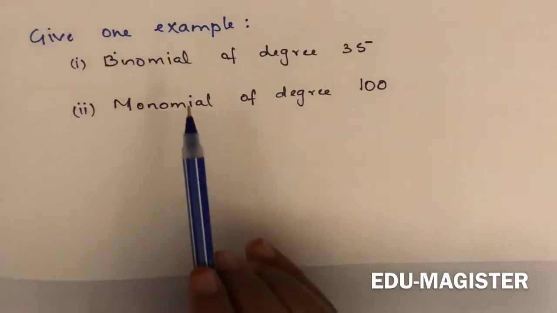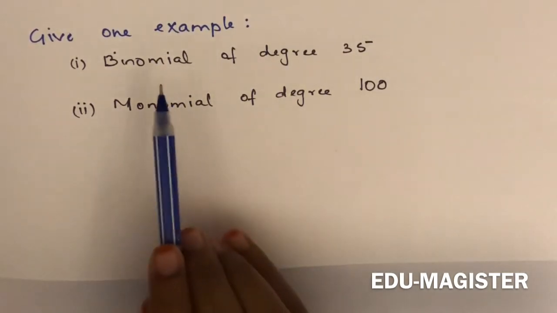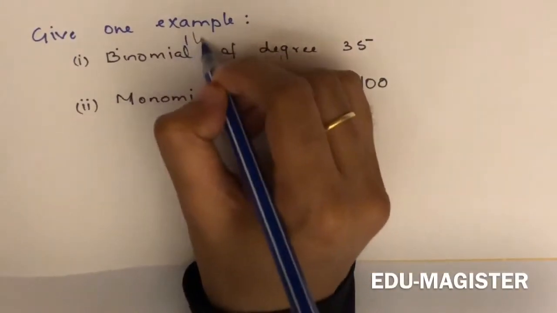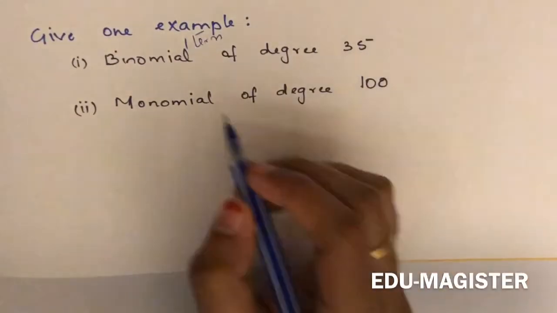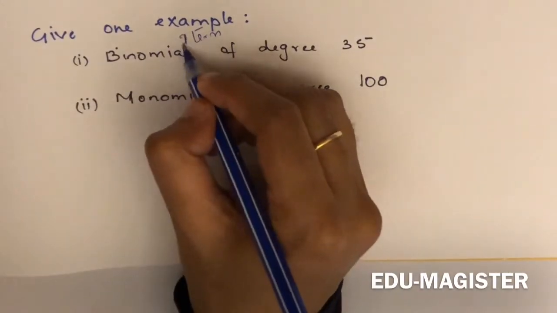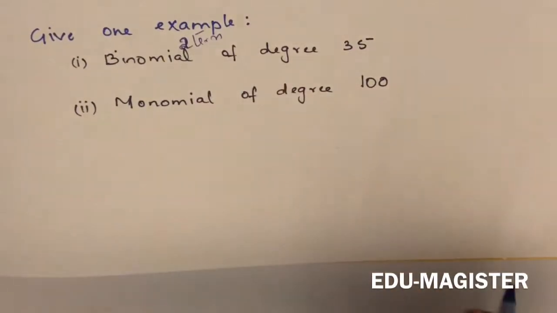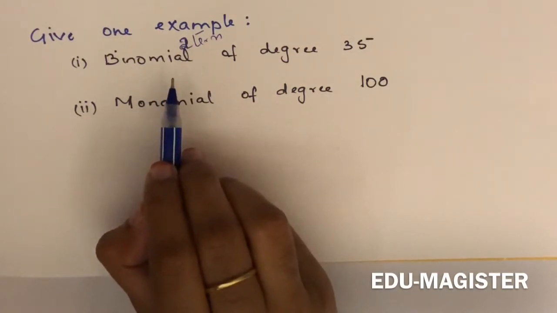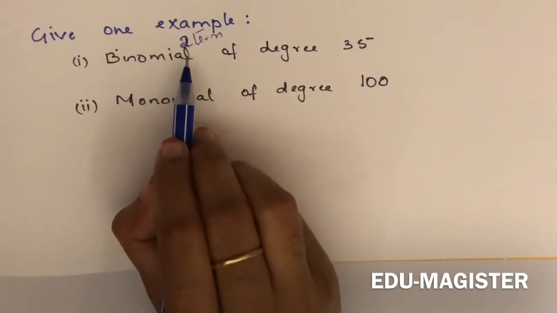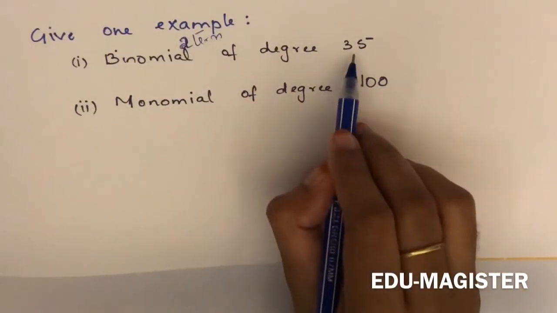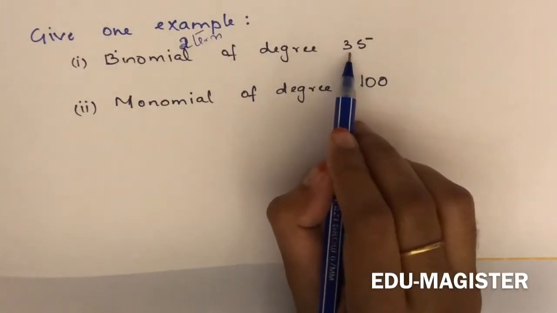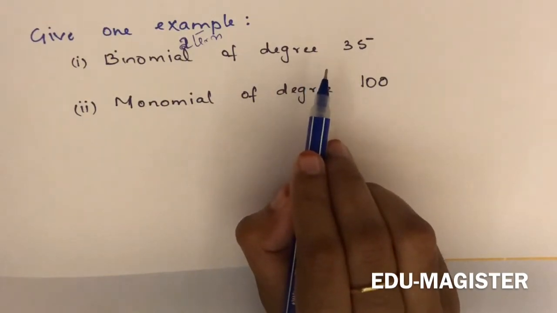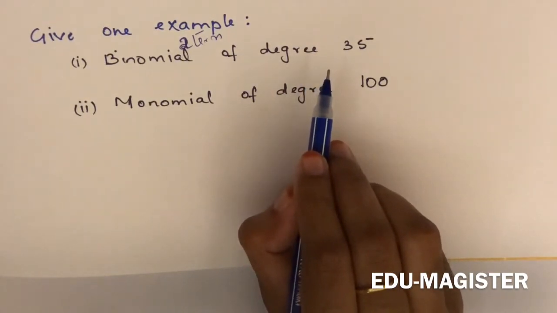So let's recall what a binomial and a monomial are. A binomial is a polynomial with one term, so two terms, I'm sorry. So we must give an example of a polynomial that has two terms, and the degree of that polynomial should be 35. Degree means the highest power of the variable in that polynomial.